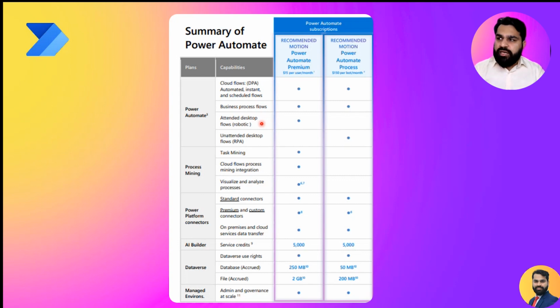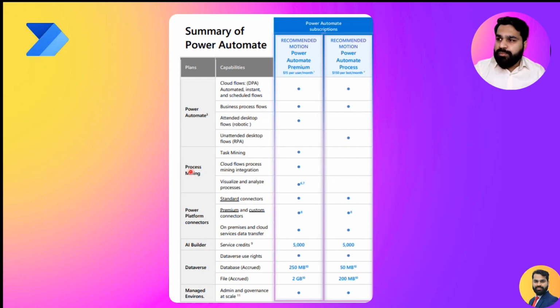So attended desktop flows generally help us do desktop scraping, web scraping, right? So whenever any desktop flow is created, these users will be able to run it using this particular license. Users will not be able to run unattended desktop flows with this particular license.